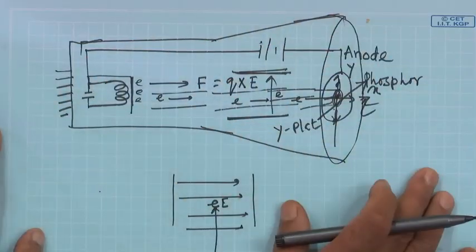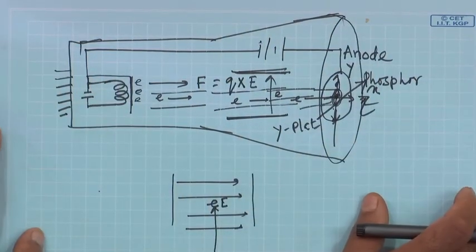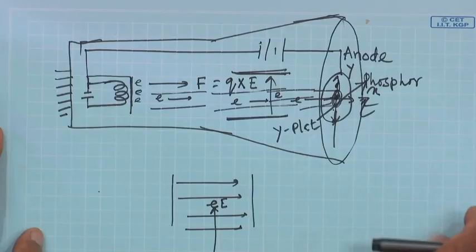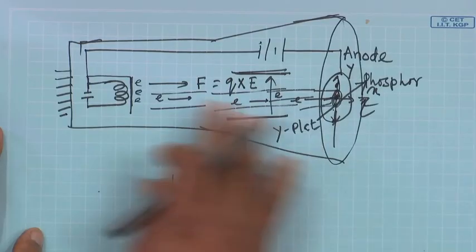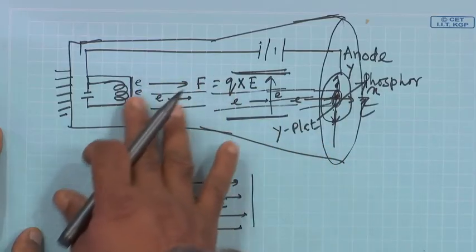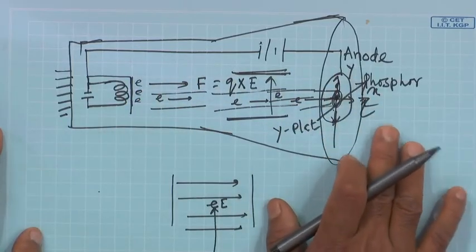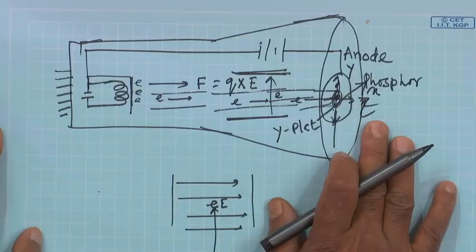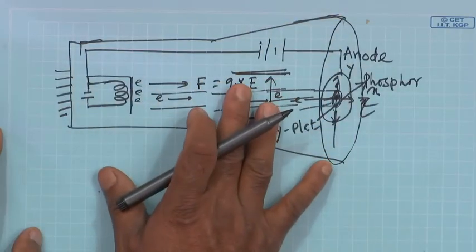So, why do we need vacuum, why not air? Because if it is in air, there will be collisions with the air molecules, and before reaching the screen, the beam will be deflected in different directions.